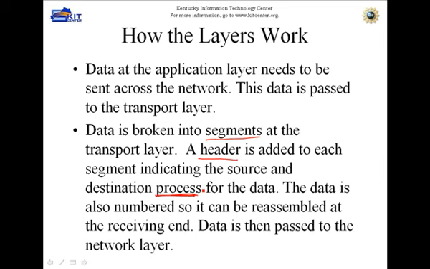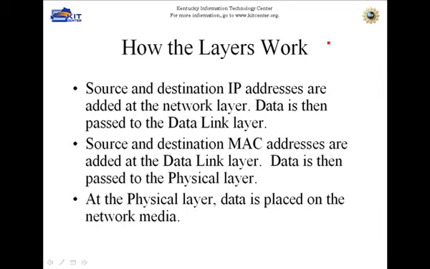This is important. Data is then passed down to the networking layer. At the networking layer, we add the source and destination IP addresses. This has to do with moving packets from place to place on the internet, device to device. Then we pass the data down to the data link layer. The data link layer puts on the hardware addresses, the source and destination MAC addresses, media access control, or hardware addresses.